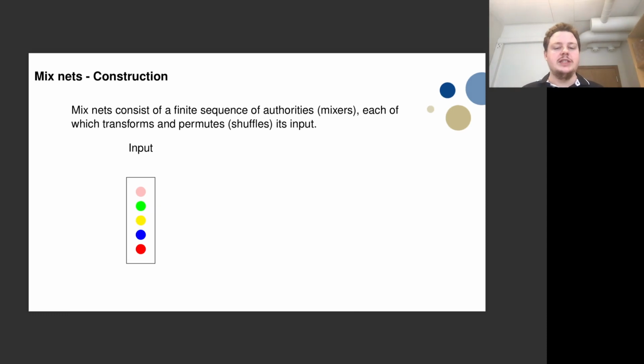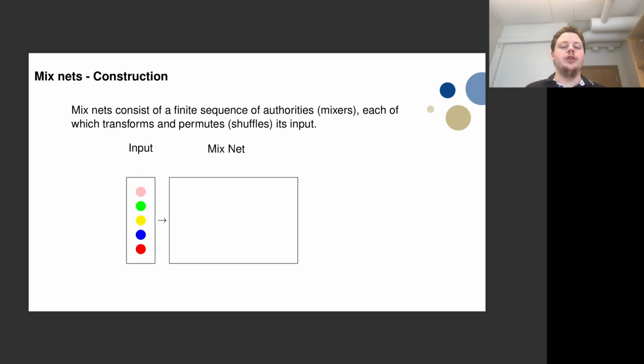So a little bit on mixnets before I proceed. Mixnets are a collection of authorities that jointly work together to transform and permute the input. So you have the input vector, and you can think of these as encrypted votes next to people's names. Now obviously we don't want to just decrypt these votes because that would reveal how everybody voted. So we put them in the mixnet, they get all permuted, and then they come out in some random order.